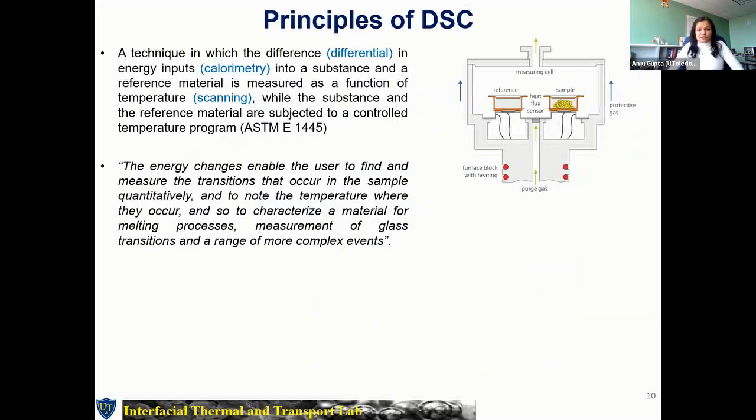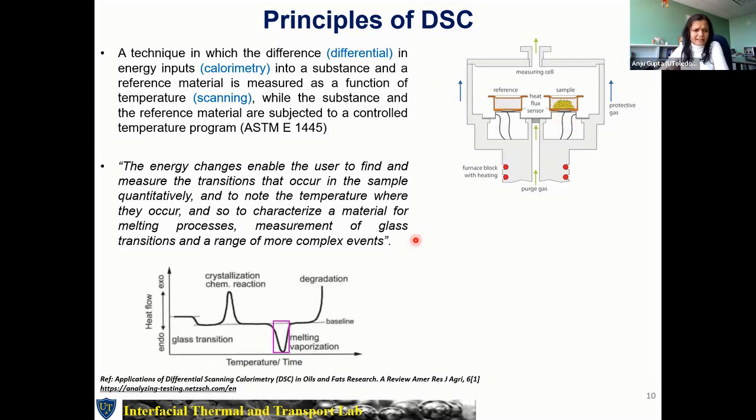DSC, as we all know, is a widely used technique in the polymer industry. Here you heat up a sample and compare that with the reference material. You can heat up the sample in a set temperature range in an inert atmosphere. And this is the typical data you get. The y-axis typically gives you heat flow or heat capacity.